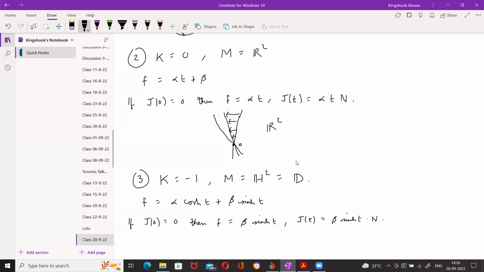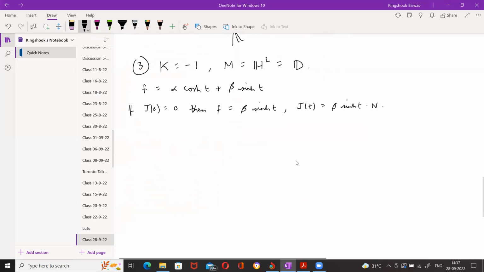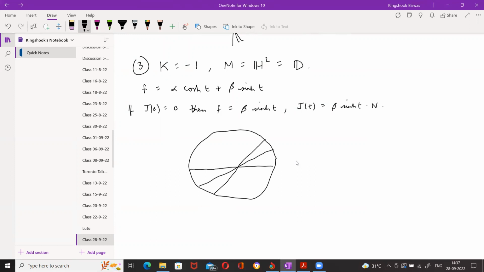And here again, we have the same picture. You take a geodesic through the origin of the disk and you rotate it around the origin and then differentiate.